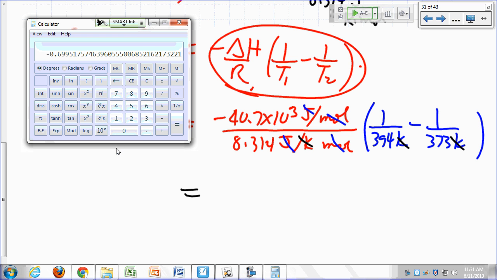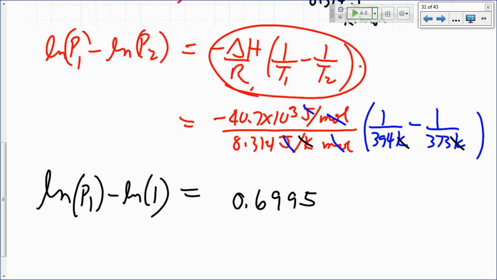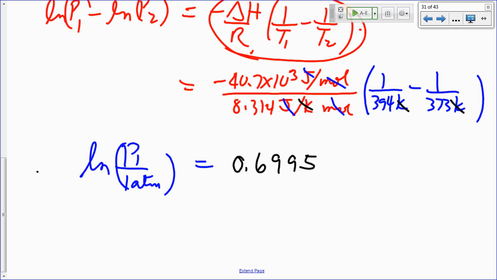That's negative times negative, so that becomes positive 0.6995. Okay, so that's ln P1 minus ln of 1. What's ln of 1? Or here, let's just make that ln of P1 over 1 atmosphere. It's equal to that. So you can say then that P1 over P2, which is 1 atmosphere, is equal to 0.6995.